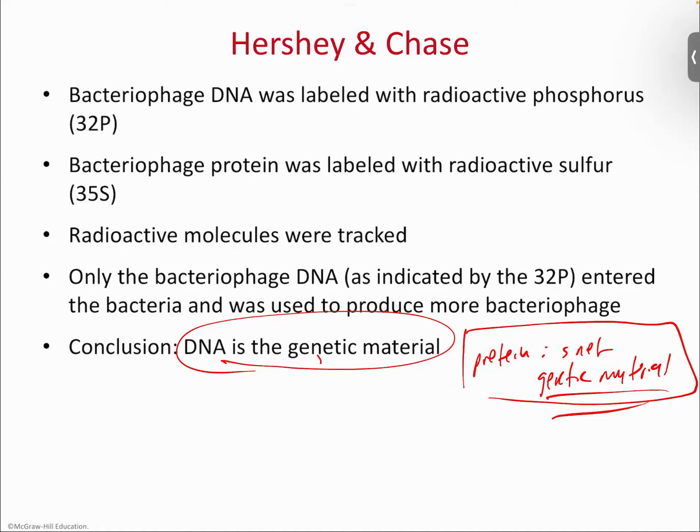It's true. No, that's not what you just said, right? What you proved was that protein was not. That's not the same thing. What you have to do now is an actual discrete experiment that says that DNA is, right? It's called negative data. You can't prove a positive idea with negative data.